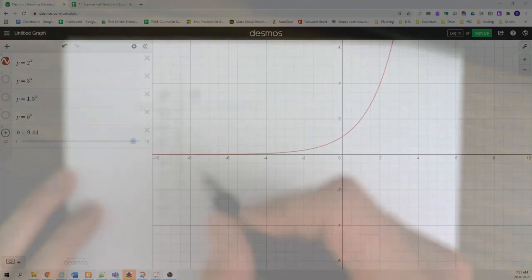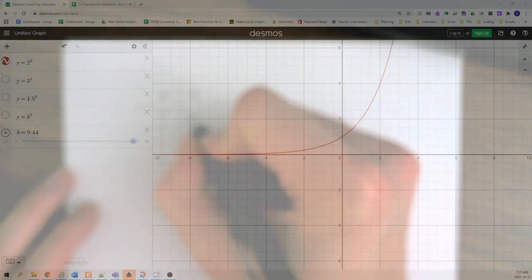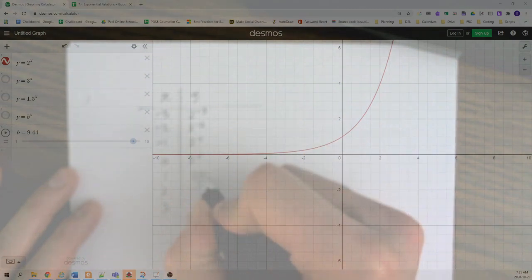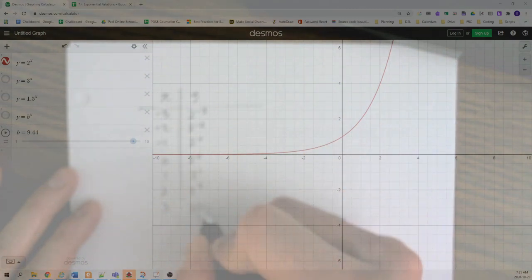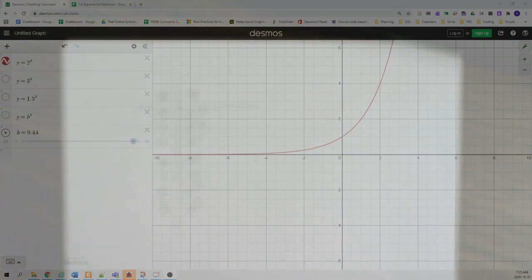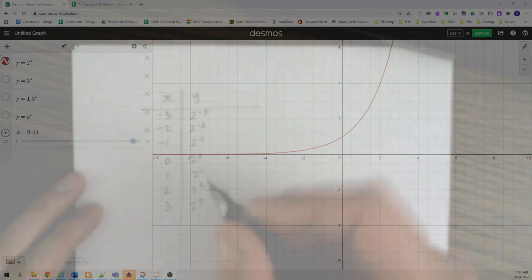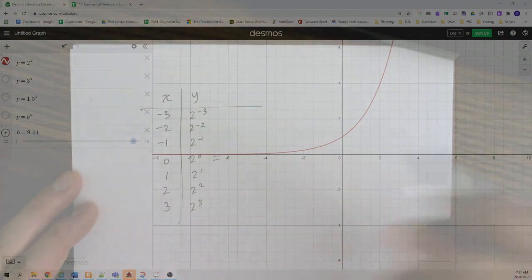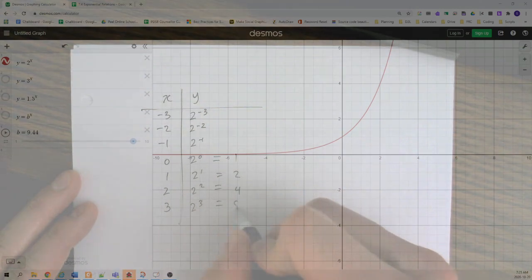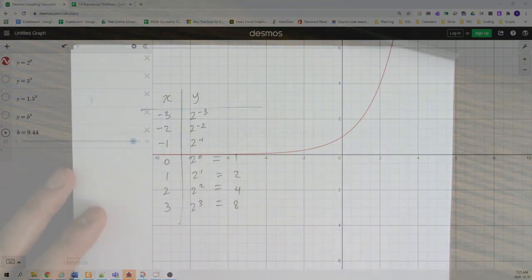Y is just 2 to the power of x. So using our exponent laws, we know this one is 1, 2, 4, 8. Continuing the pattern, we're dividing by 2.